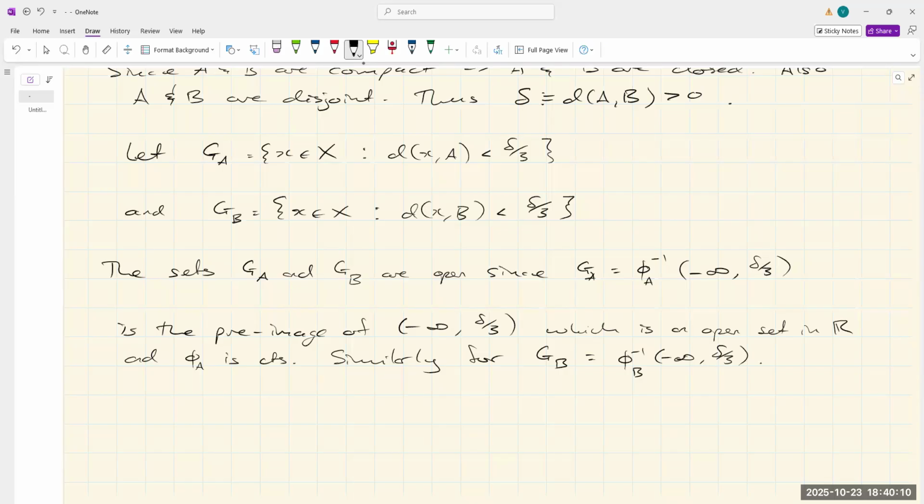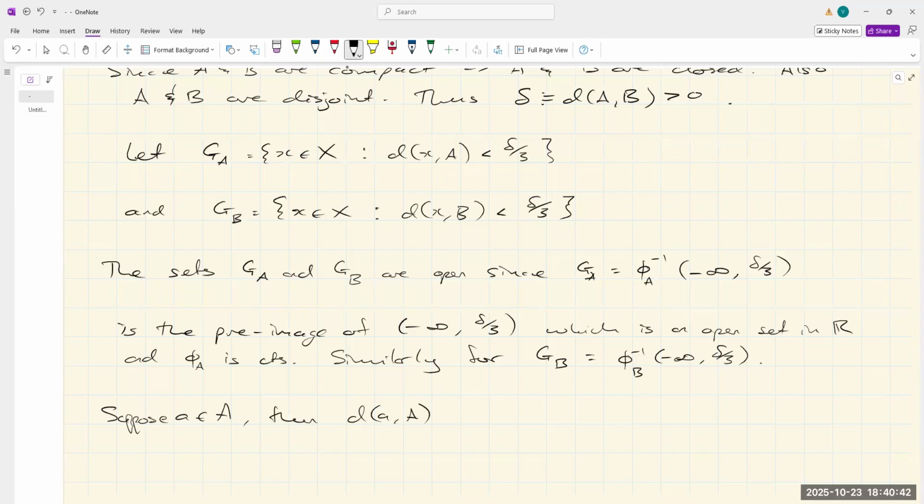So now the next part is, why is A contained in GA? Why is B contained in GB? Okay, very easy, this one. Suppose a belongs to A. Then what is the distance between a and the set A?